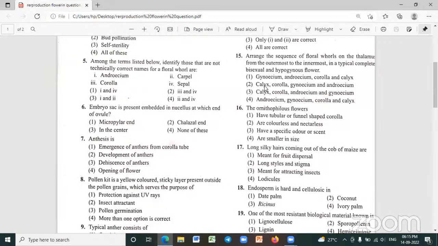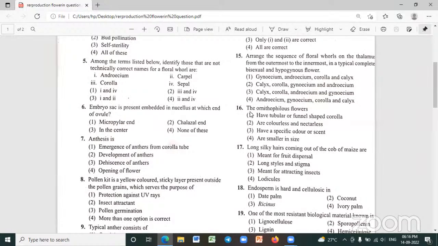See, calyx, corolla, androecium and gynoecium is the correct one. This is the correct way from the thalamus, the lower part, otherwise called hypogynous flowers, superior ovary, bisexual, whatever it may be. Calyx, corolla, androecium, gynoecium is the correct way. Already we discussed, isn't it?